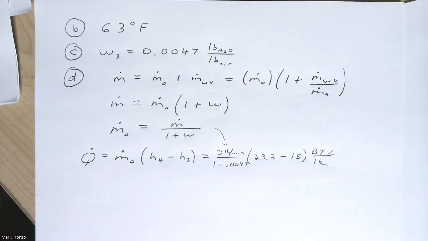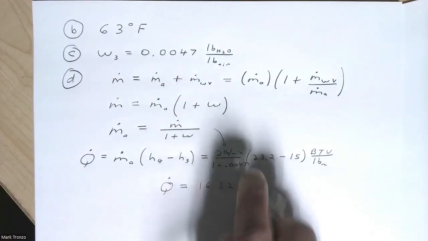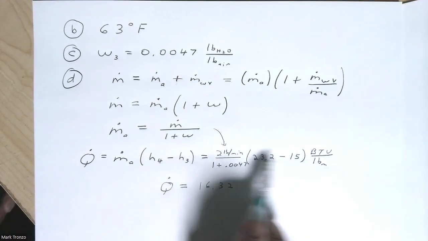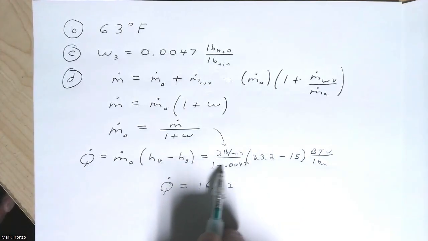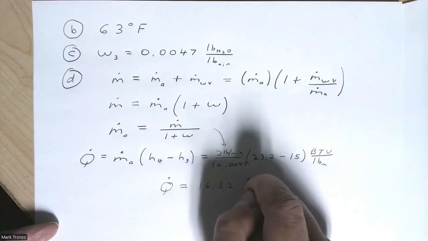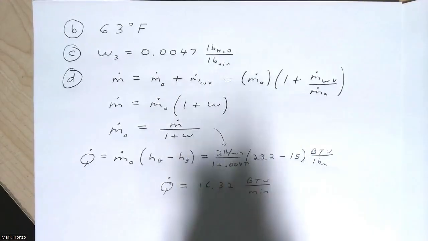This, and we can put this into our calculator. 16.32, and the pounds cancel. This ends up being dimensionless. So we have BTUs per minute, like this.